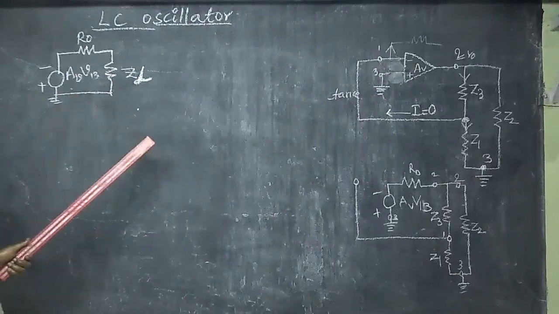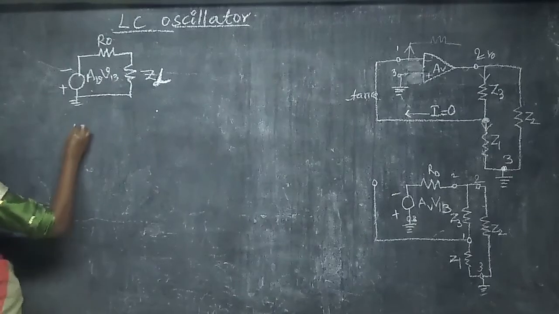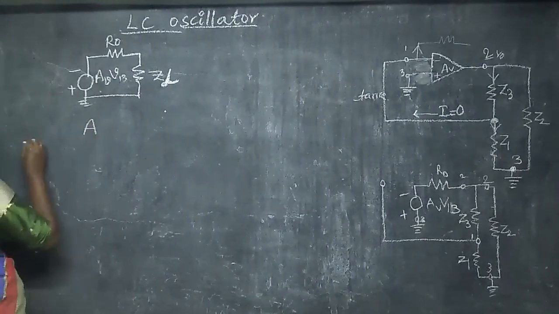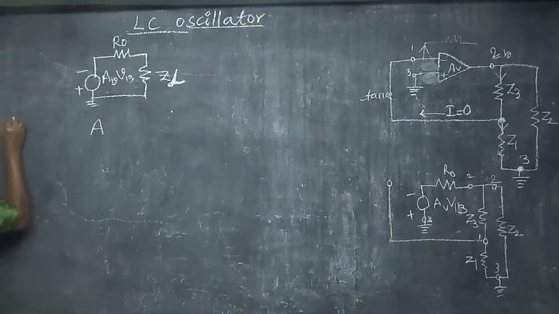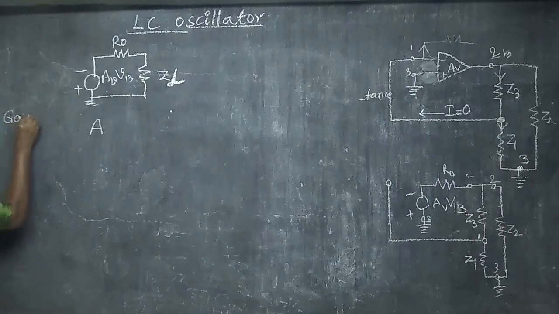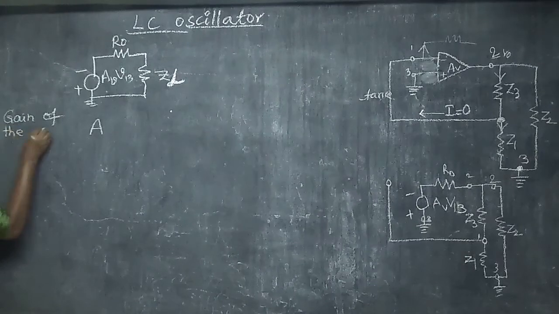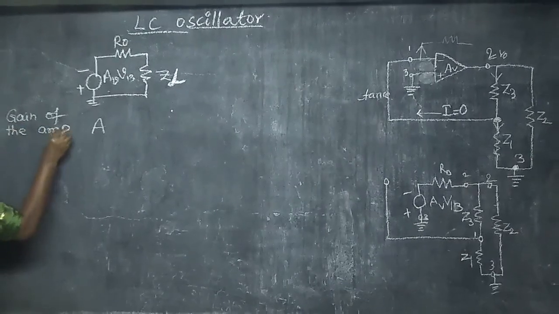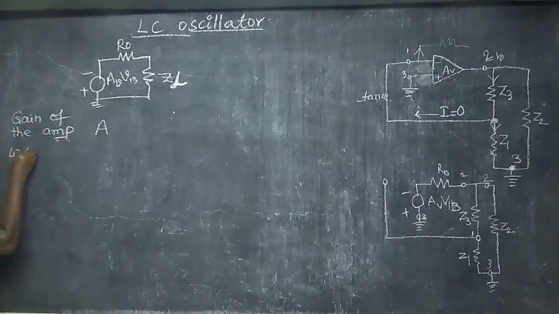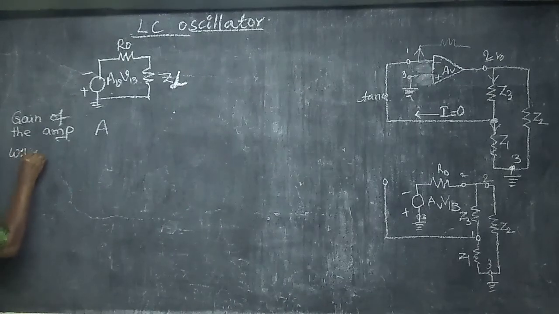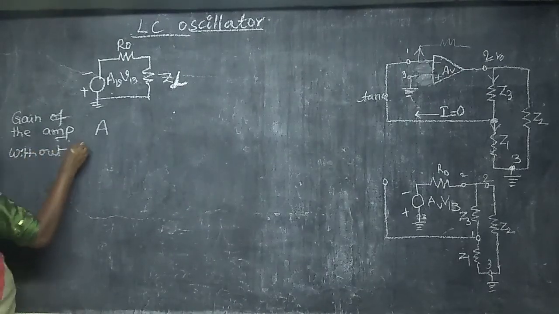And what is my gain A going to be? It is the gain of the amplifier without feedback.